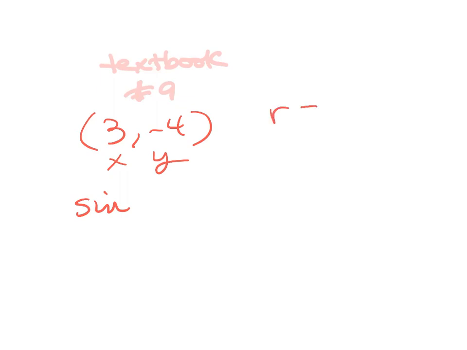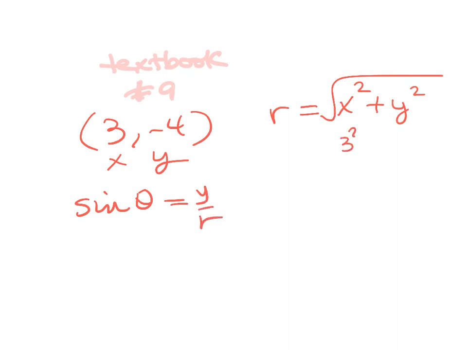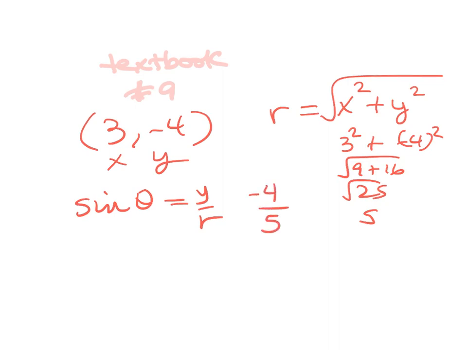Recall that r can be found by doing x squared plus y squared and square rooting it. Remember that sine of whatever the angle is y over r. So we're going to do 3 squared plus -4 squared, 9 plus 16, 25, and it's 5. So we would do -4 over 5.